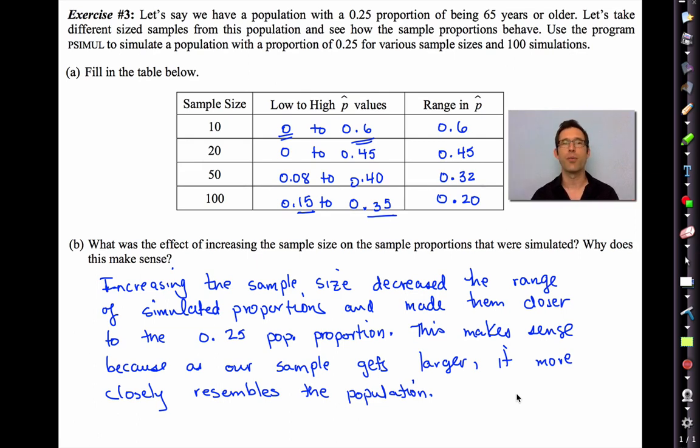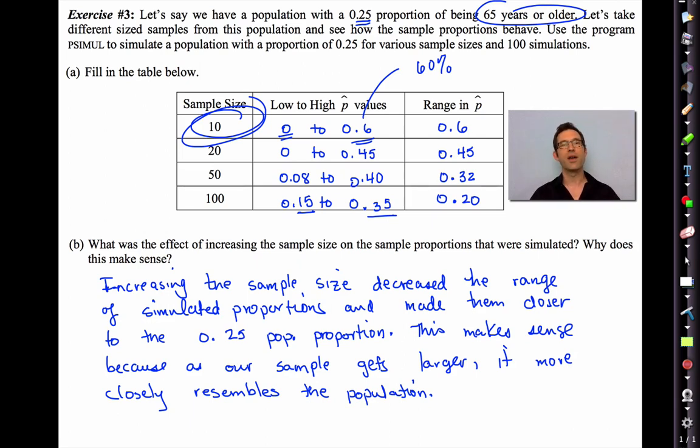Again, think about this for a moment. There were multiple samples back when we had this sample size of 10 where 60% of the sample was 65 years or older, and yet there's only 25% in the population in general. Yet when I have a sample size of 100, that's not likely to happen.